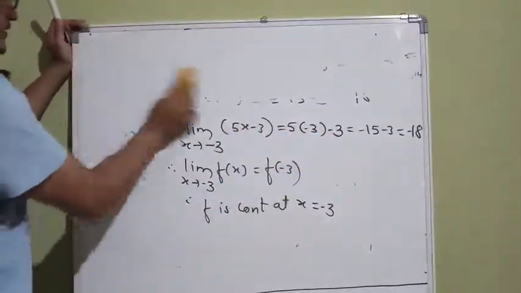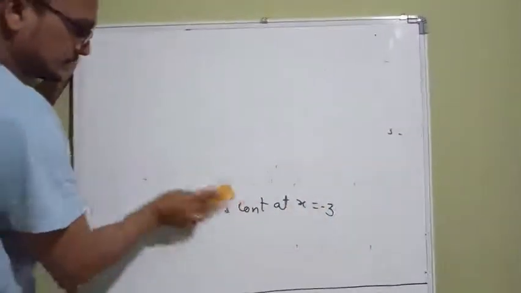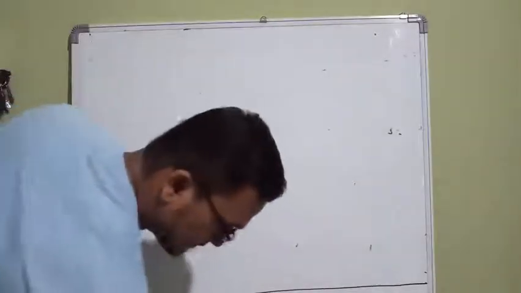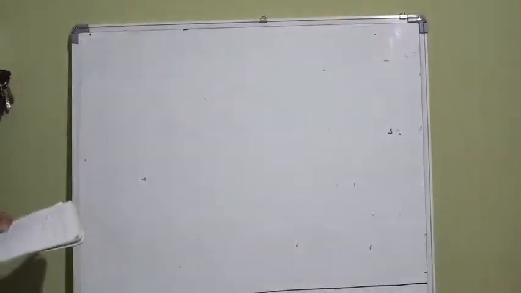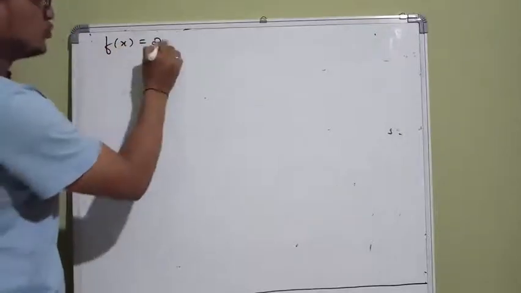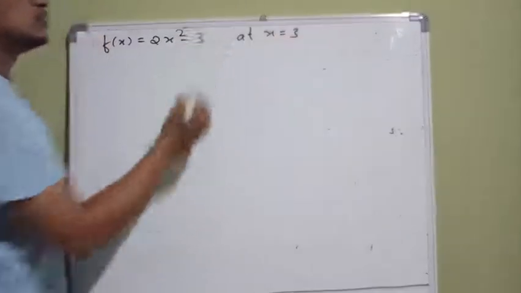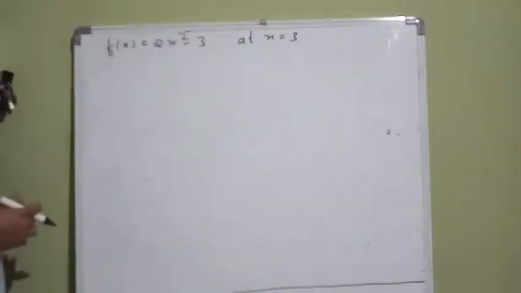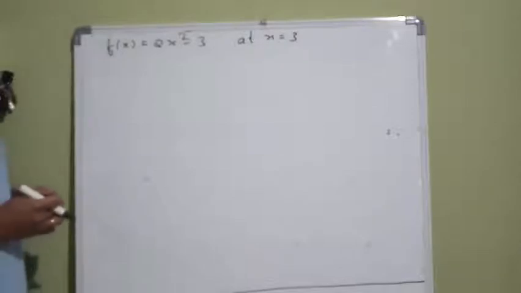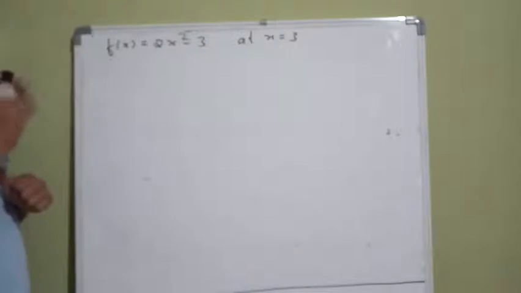I am going to take the next question. The next question is f of x is equals to 2x square minus 3 at x is equals to 3. This is the second example. Here they have said examine the continuity, which means check the continuity. In the first example they said prove that it is continuous, so obviously that will be continuous.